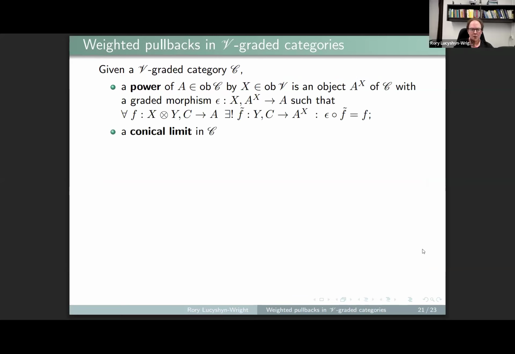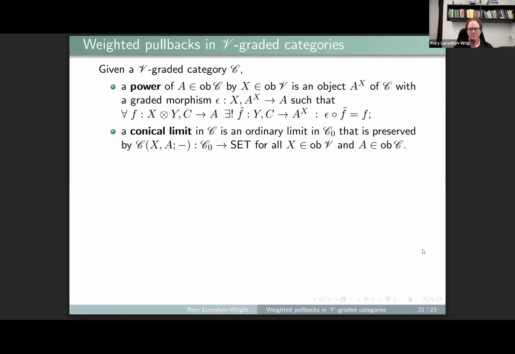And we can also define conical limits in V-graded categories. These can be described as ordinary limits in C naught, the underlying ordinary category, that are preserved by each of these set-valued Hom functors for the grades X and objects A of C.